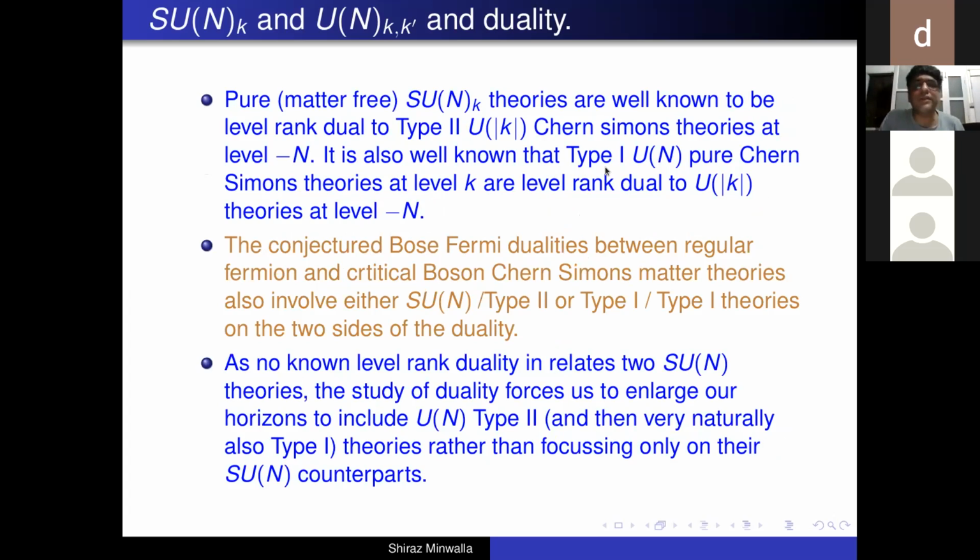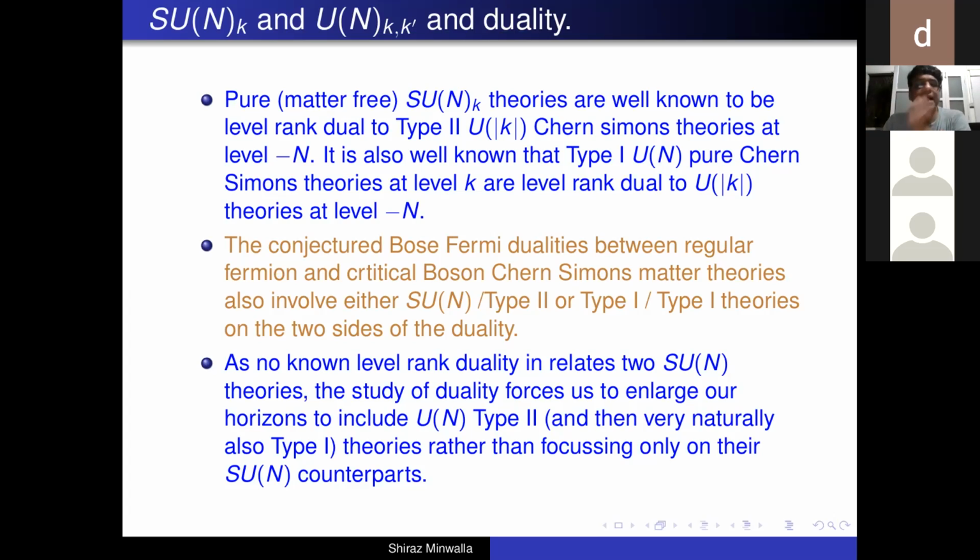It's also well known that type 1 UN pure Chern-Simons theories are level-rank dual by exchanging level and rank with some signs, but back again to type 1. So type 1 is sort of self-dual, whereas type 2 and SUN are cross-dual. This is well known. I mean, by well known, I mean it's known to the experts in the study of pure Chern-Simons theory.